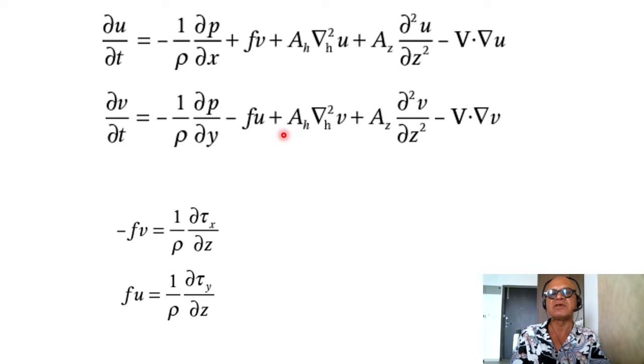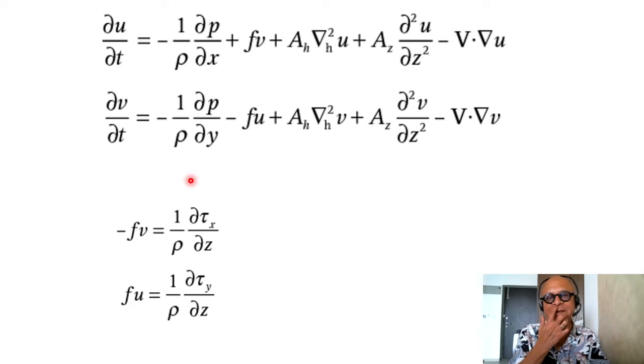This should be written as a scalar as well because we are in the zonal direction, but nonetheless it will be u du/dx, v du/dy, and w du/dz. So that is the x part of it and the meridional part of it here.